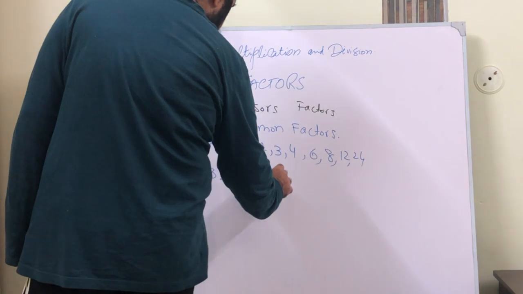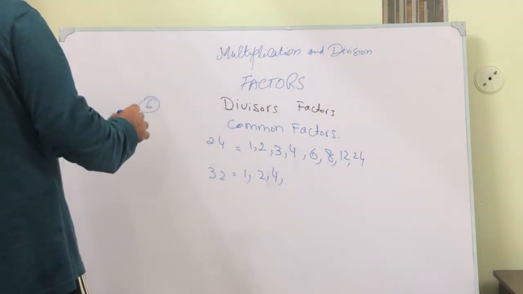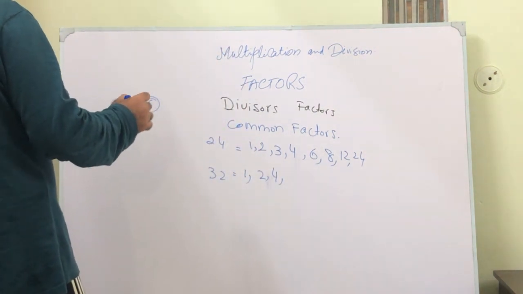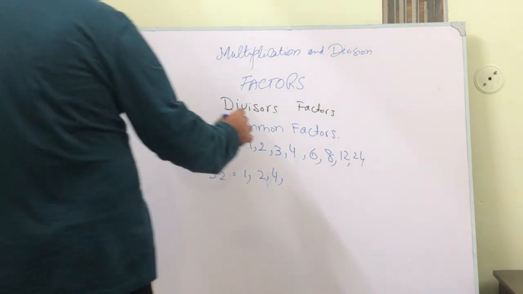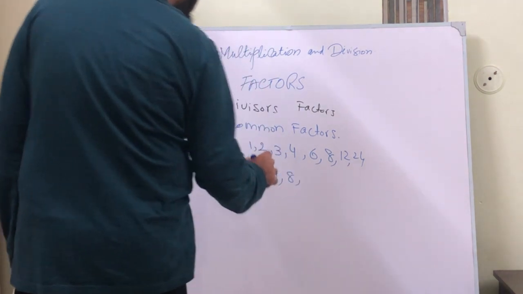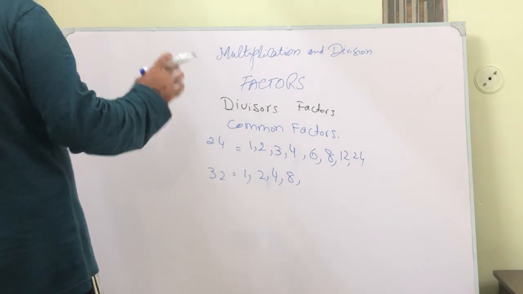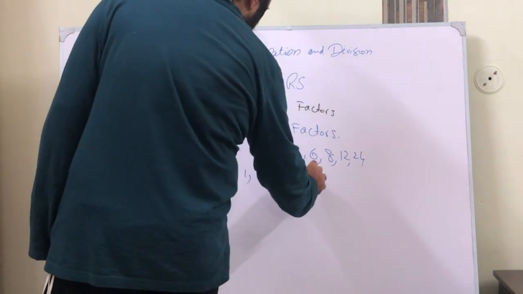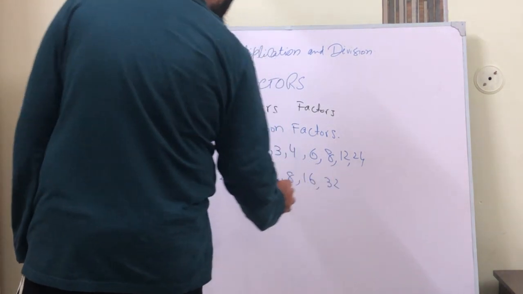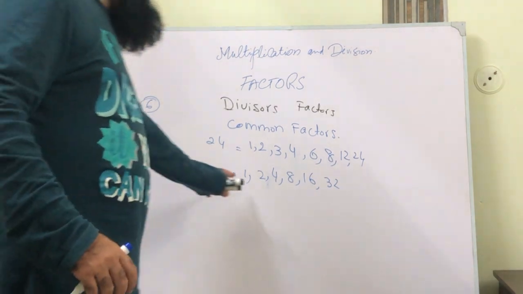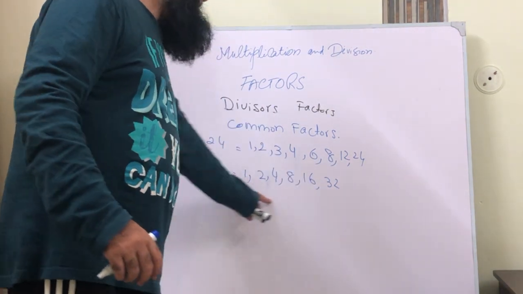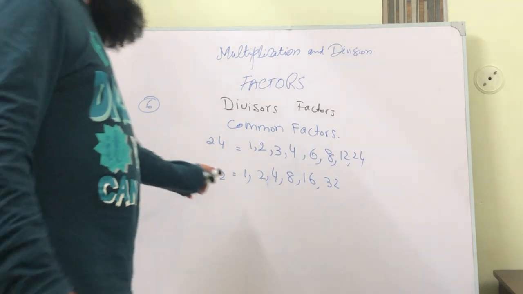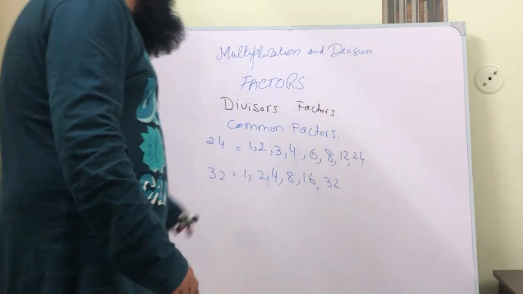Then after 4 we can divide it with 8. 8 4s are 32, no remainder. Then we can divide 32 with 16. 16 2s are 32, no remainder. Then we can divide it with 32. So these are the factors, our divisors, where we get 0 remainder. So these are the factors for 32.